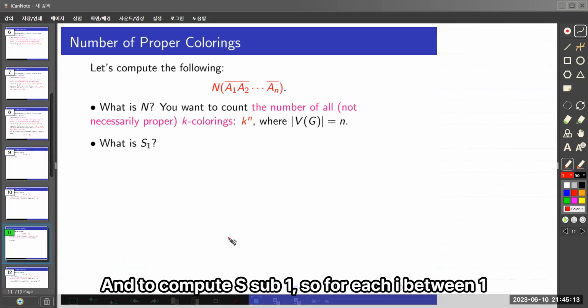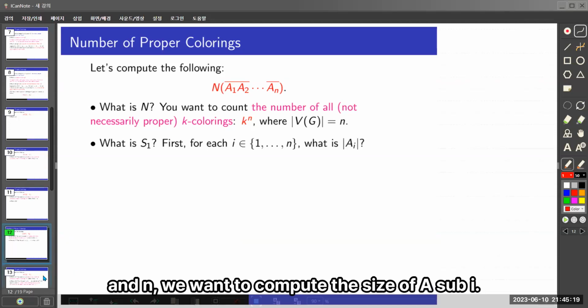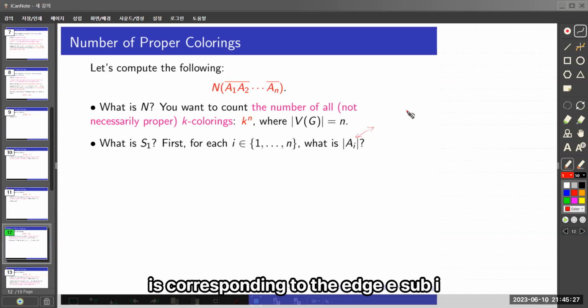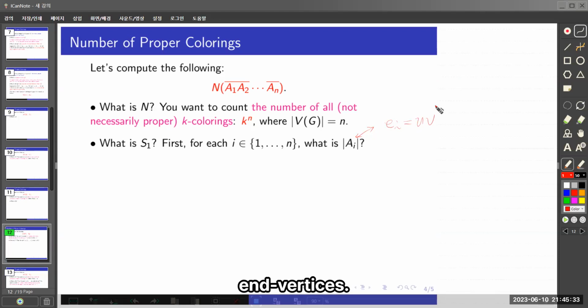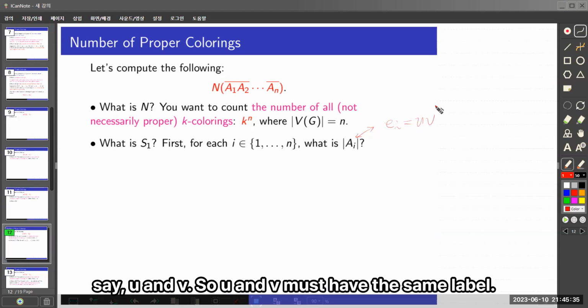And to compute S_1, for each i between 1 and m, we want to compute the size of A_i. A_i corresponds to the edge e_i, and assume that e_i has two end vertices, say u and v.